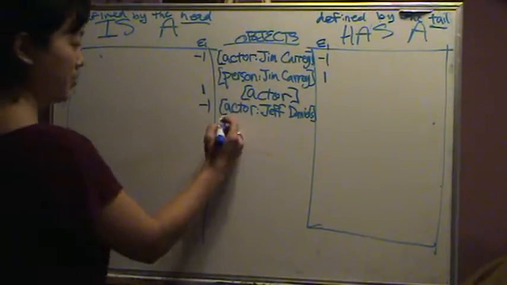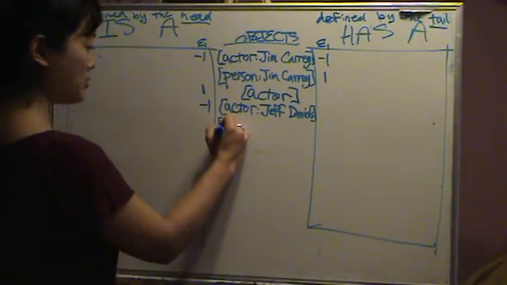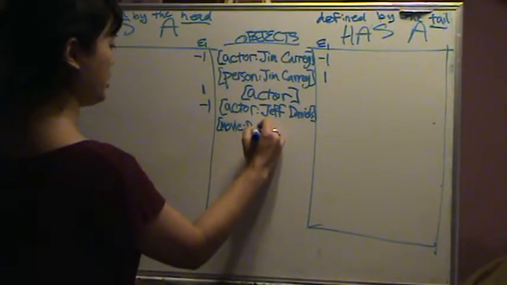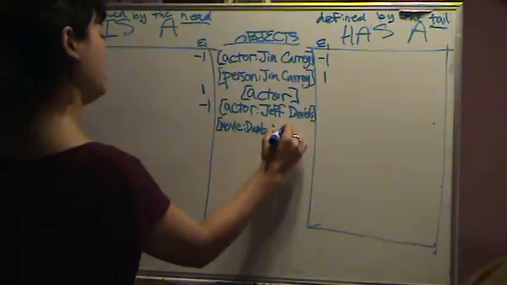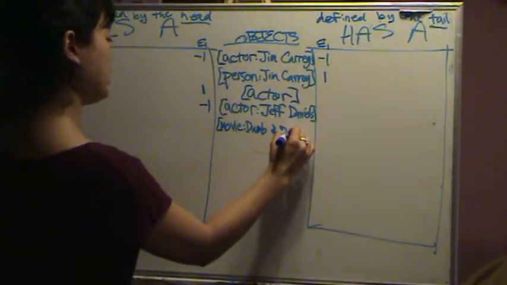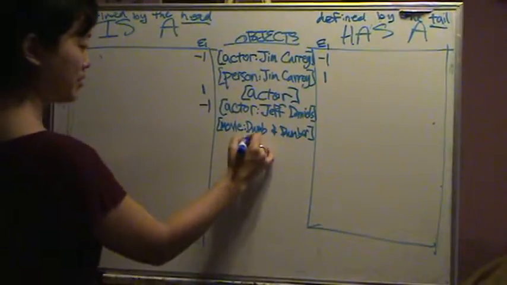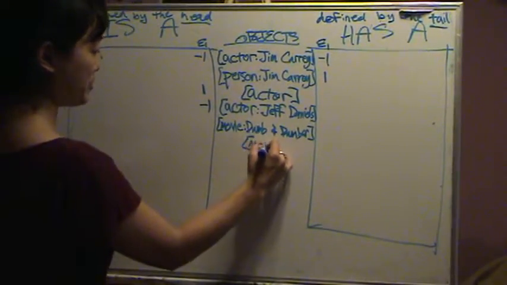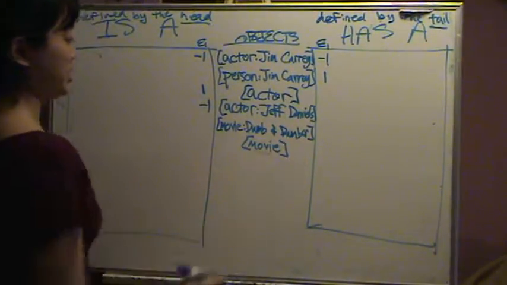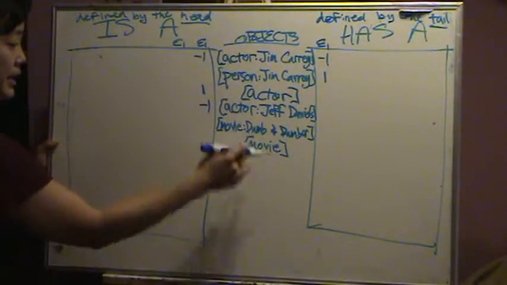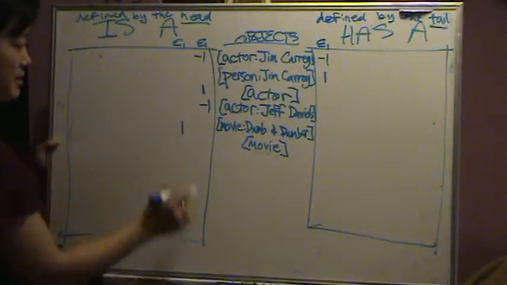Let's see, let's have an object, movie, Dumb and Dumber. And that movie, Dumb and Dumber, we'll say is a movie. And so we need a new edge that's defined by movie as the head.